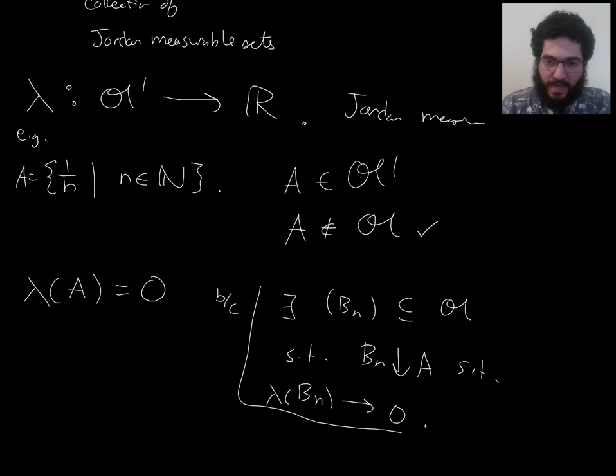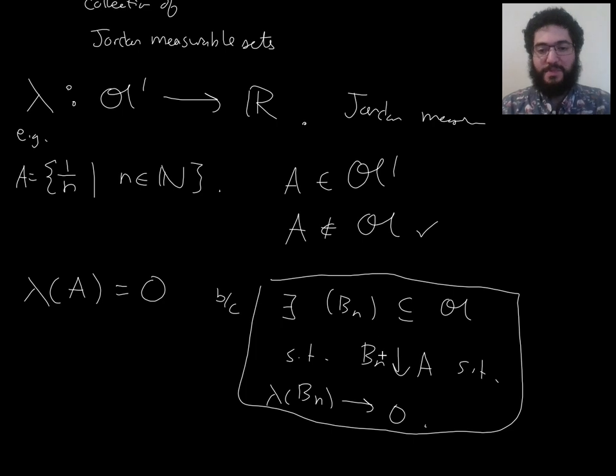So this is what we'd have to show, that there exists a sequence of elementary sets, nested, so their intersection is A and their measures go to 0.